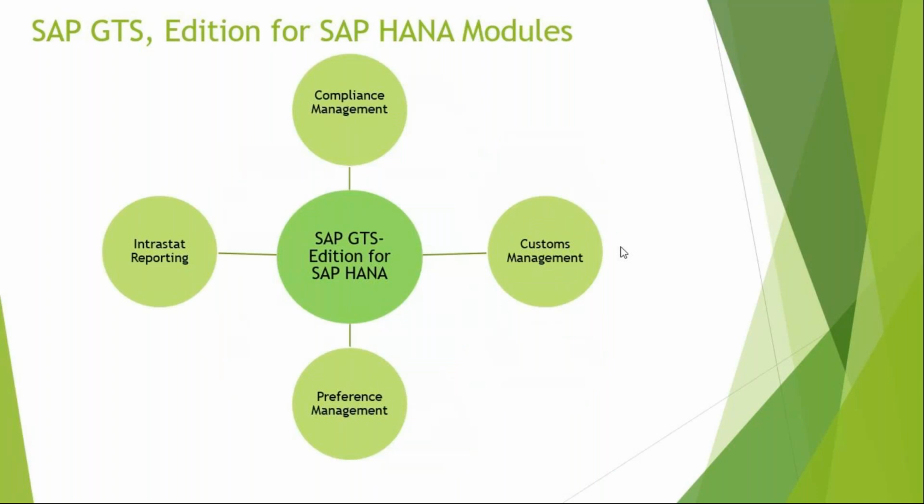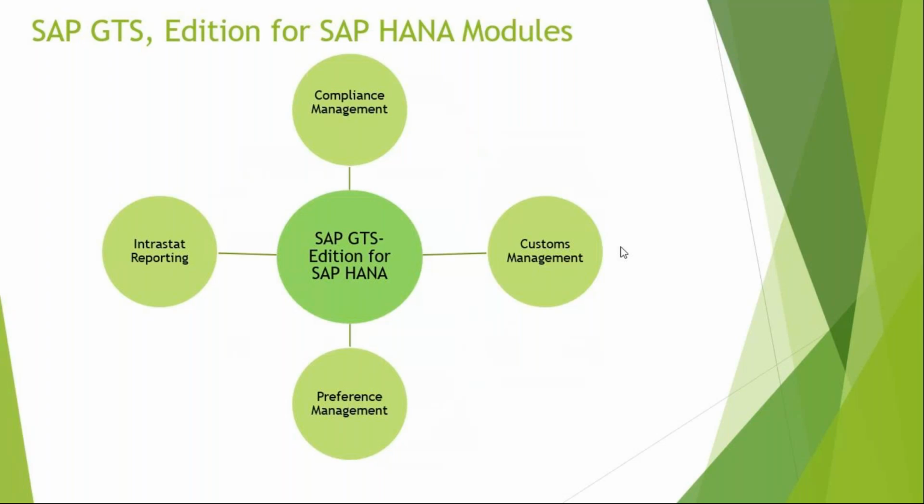And these are the modules available in this new solution. Why I am mentioning this specific slide, because in general, we all know that in SAP GTS we had four modules, right? We had compliance management, customs management, risk management, and then electronic compliance reporting, ECR, right?